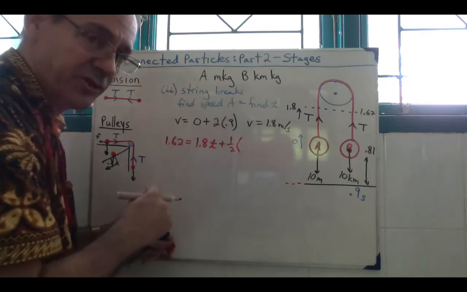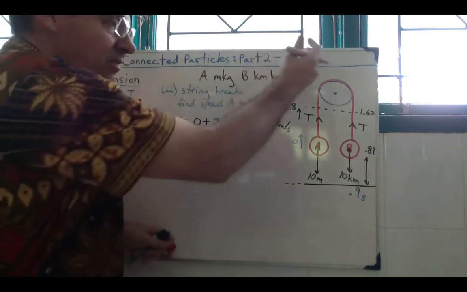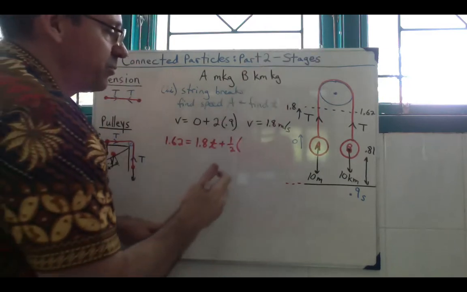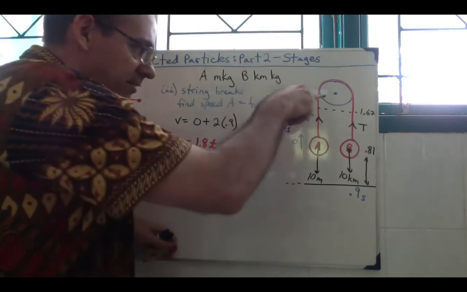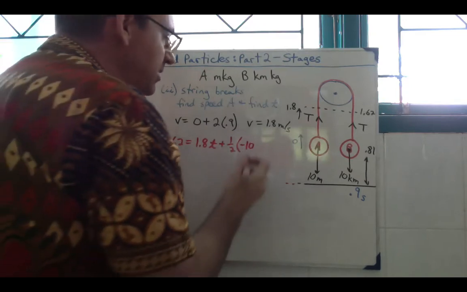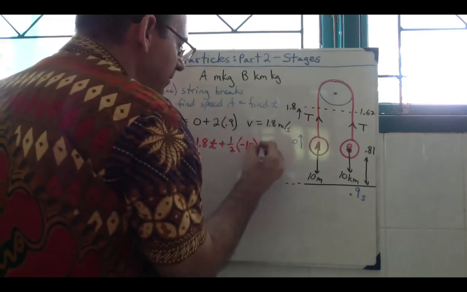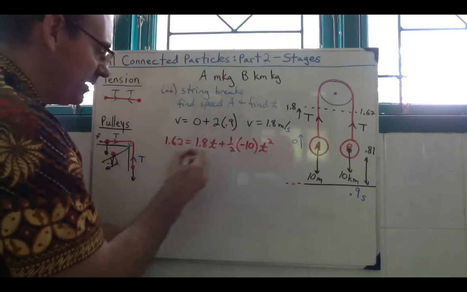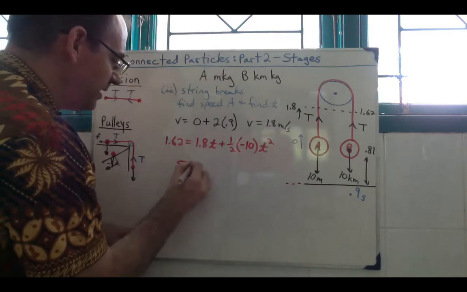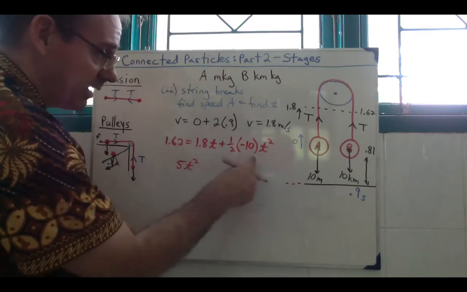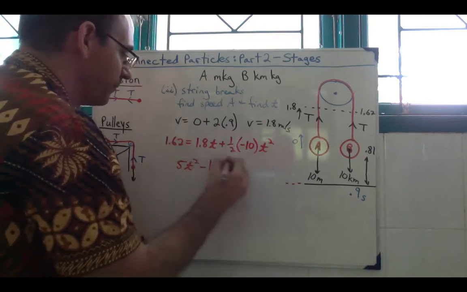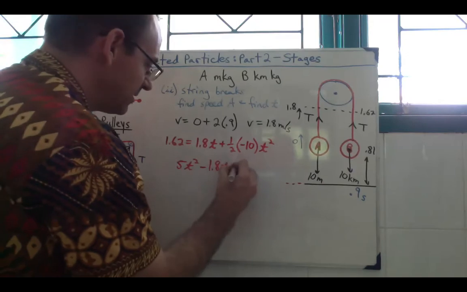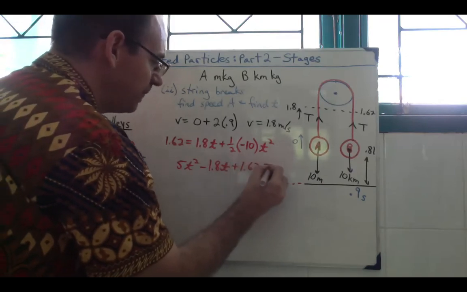We can't use the 2 anymore because this is now in the second stage after the string is broken. So now it's acceleration due to gravity, and it's going to be negative because it's bringing me back towards the origin t squared. So that gives us 5t squared when we divide and add it to the other side, minus 1.8t. And then this is already positive 1.62 equals 0.